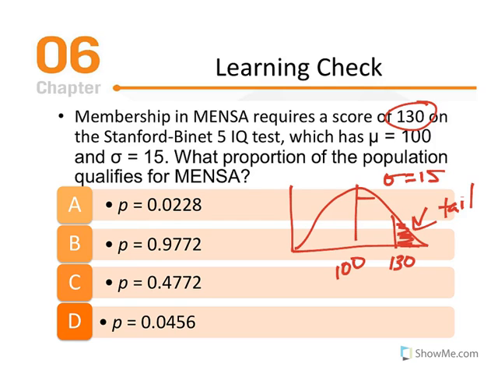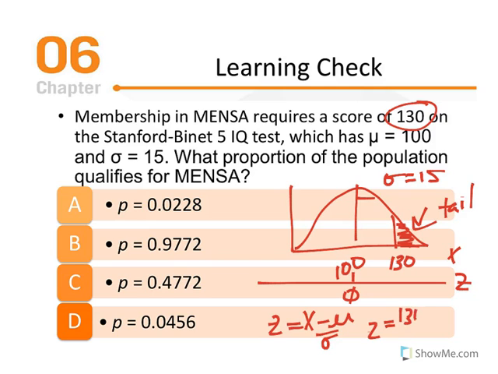So to answer this question, we're going to need to convert this, this is our x distribution, into z-scores. This becomes 0. Z is equal to x minus mu divided by standard deviation. Z is equal to 130 minus 100 divided by our standard deviation equal to 15.